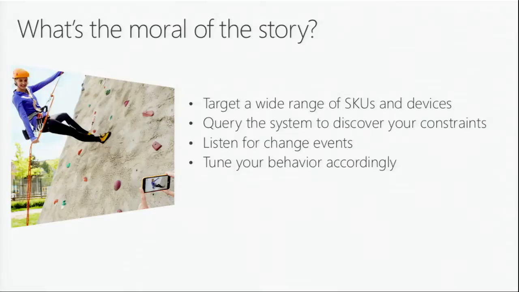So when your memory cap changes, or the network connectivity changes, or your CPU quota changes, your energy consumption changes, listen for notifications, and again, act accordingly. Tune your behavior, throttle down your behavior or unthrottle it, depending on the notification.